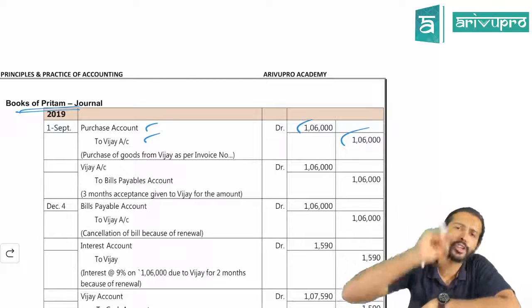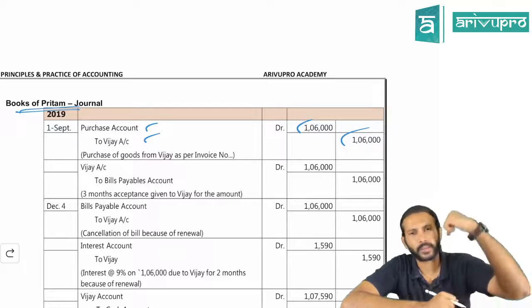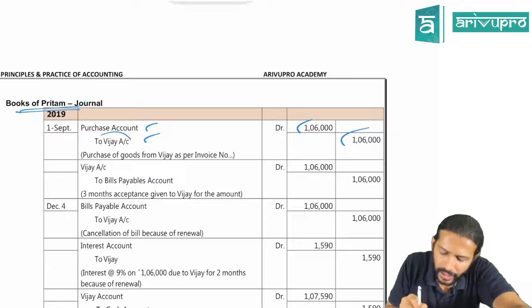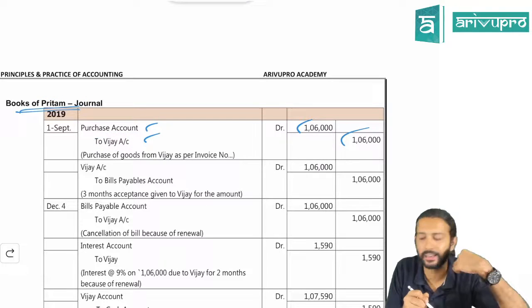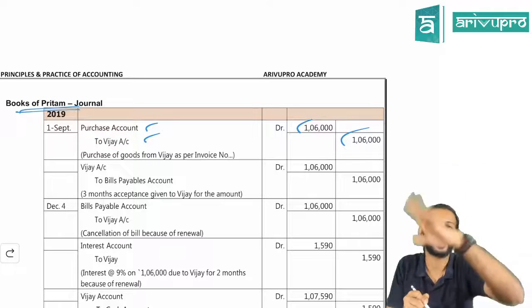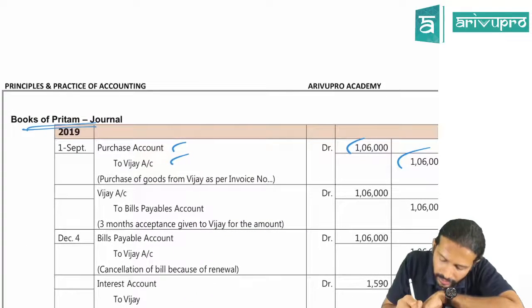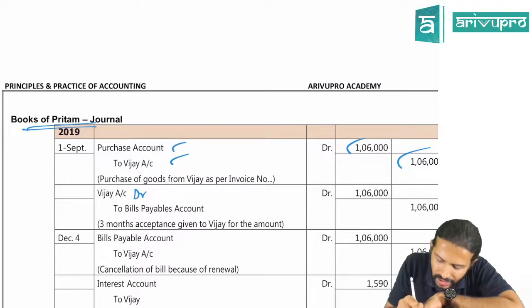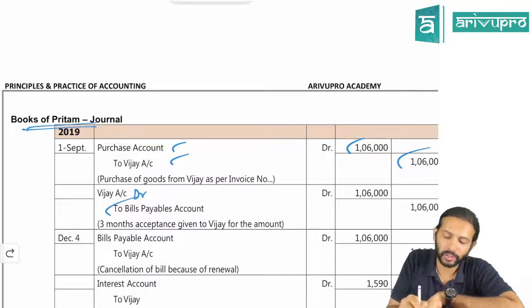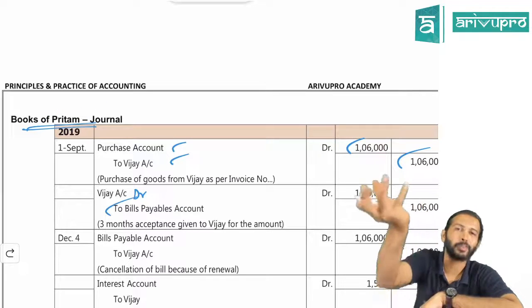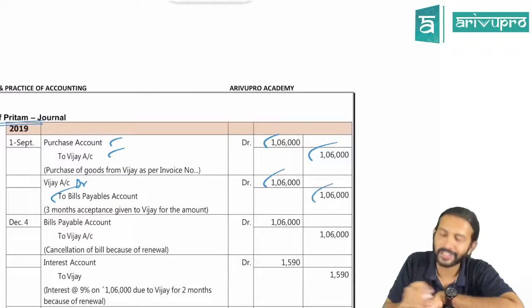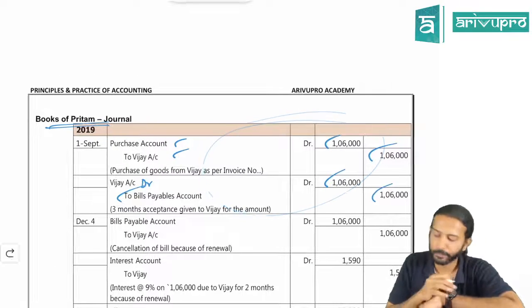If you pay cash to the creditor, the entry is creditors to cash. But did Preetham pay cash here or did he give a bill? He gave a bill. So the journal entry will be creditor, that is Vijay account debit, and instead of crediting cash, he will credit bills payable account because he has to pay the money. It's a liability, so he will credit bills payable account for 1,06,000.